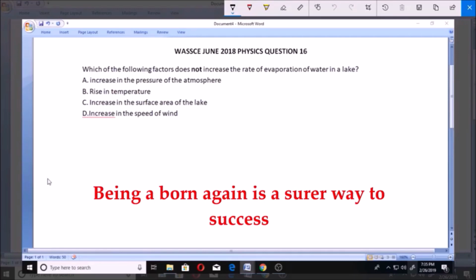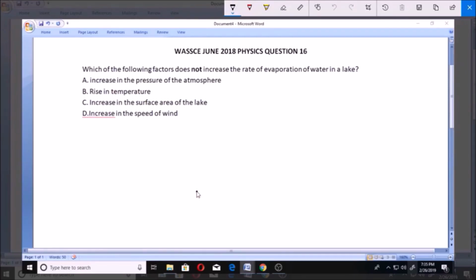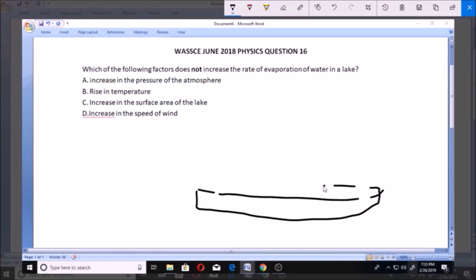Now, for us to have a very good understanding of this, we have a lake, and this lake has water. As we all know, there's water inside. Now there is evaporation from this lake.